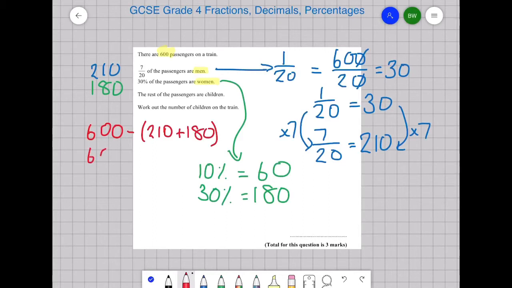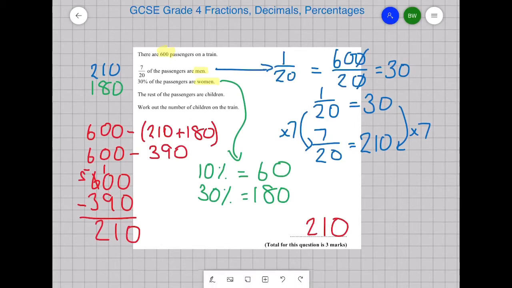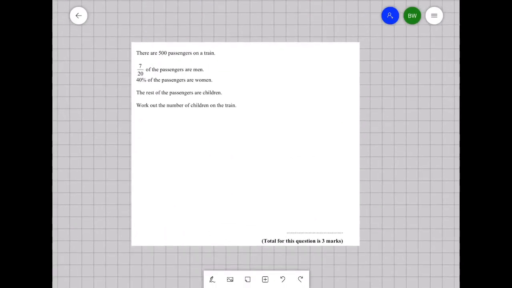So 210 plus 180 is 390. So I'm going to do 600 minus 390. So 0 take away 0, 0 take away 9, can't do. 10 take away 9 is 1, 5 take away 3 is 2. So there's 210 children. Use that as your example and try this question here.